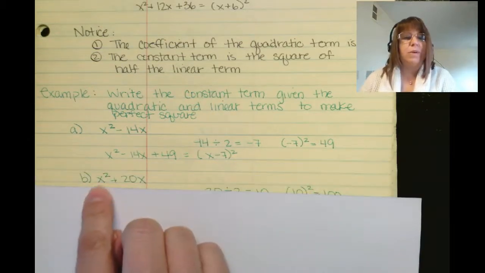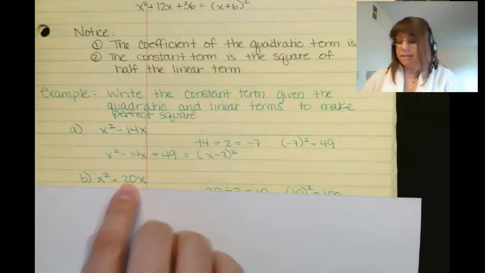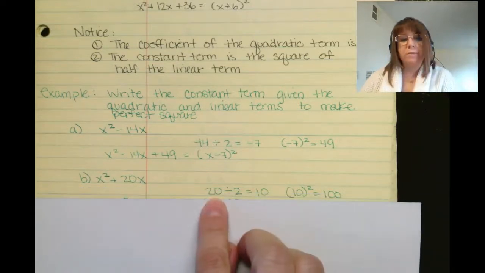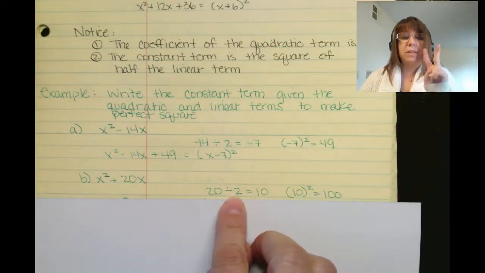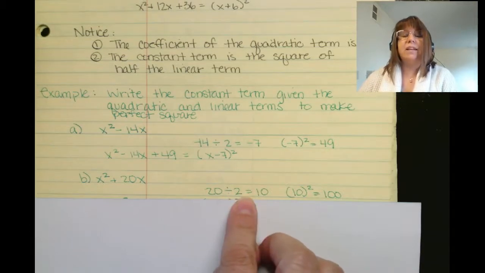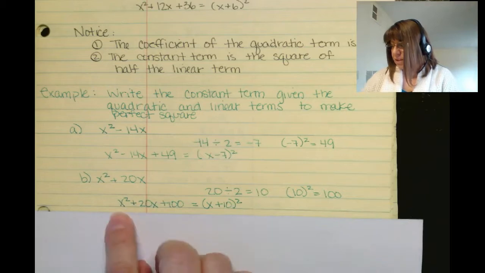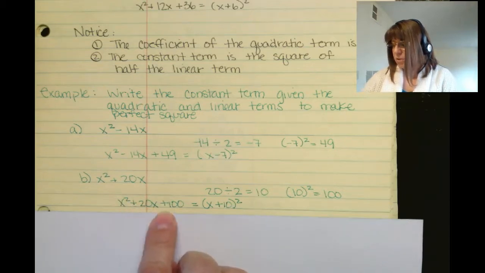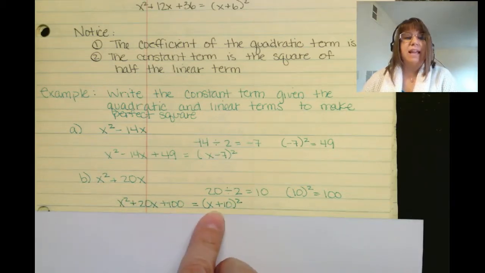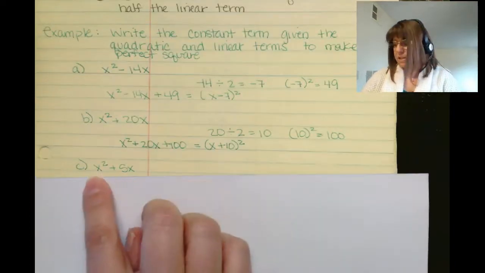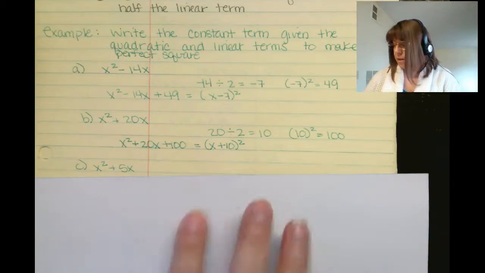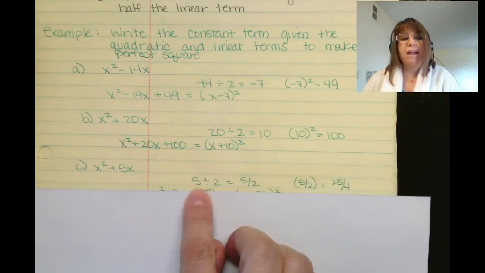What about x squared plus 20x? Again, I'm going to take that middle term and divide it in half, divided by 2. That gives me 10. The square of 10 is 100. So x squared plus 20x plus 100 will give us (x plus 10) quantity squared. x squared plus 5x, I'm again going to divide 5 by 2.